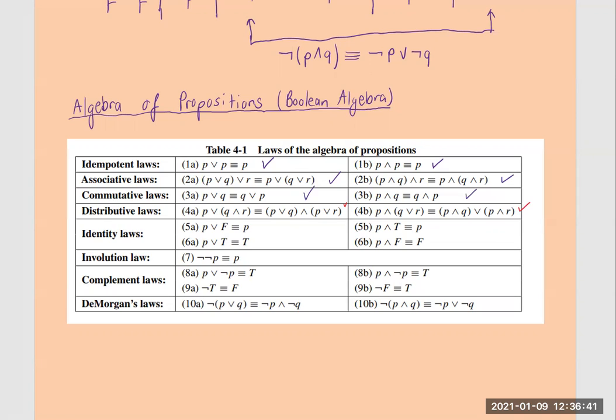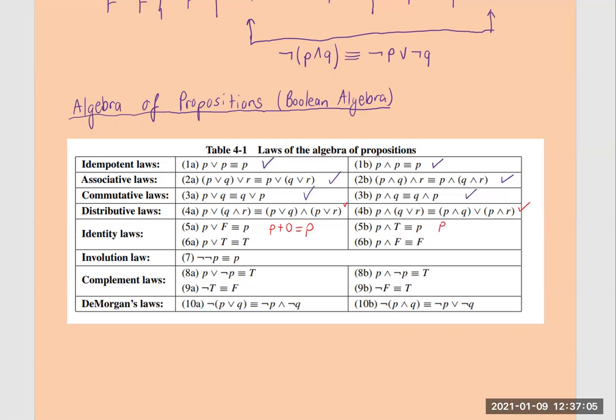If you say P or false, it is going to be P. For Emre, this is P plus 0 is equal P, right? And this is also for Emre.